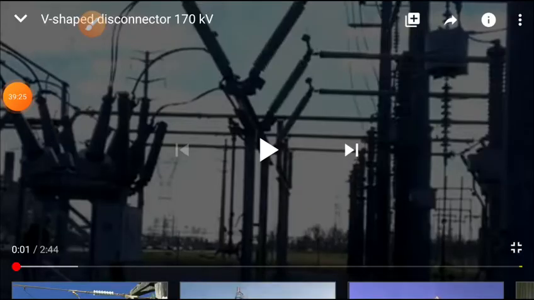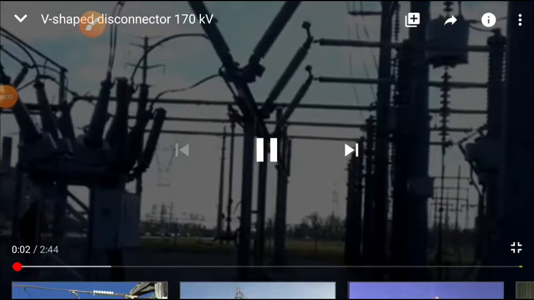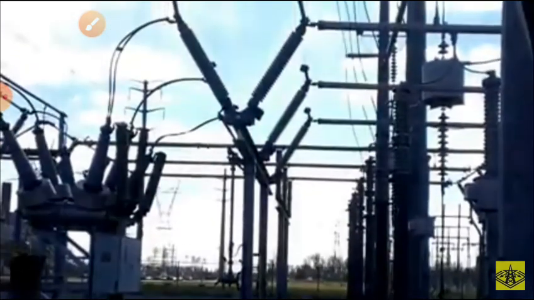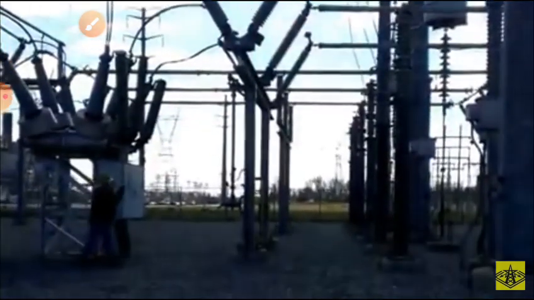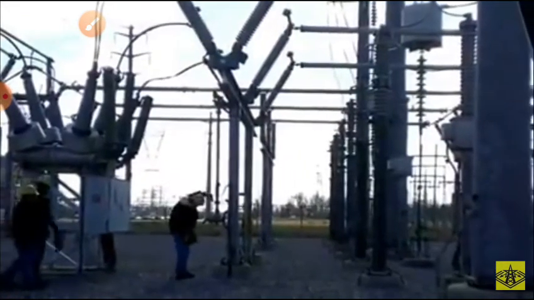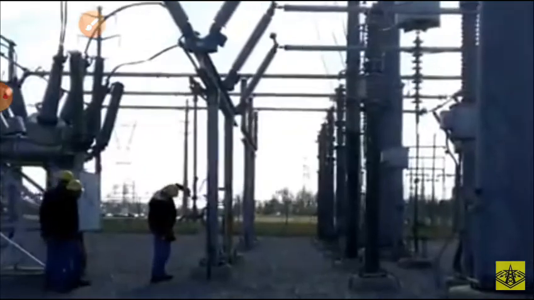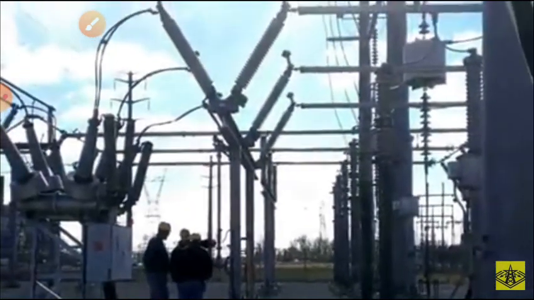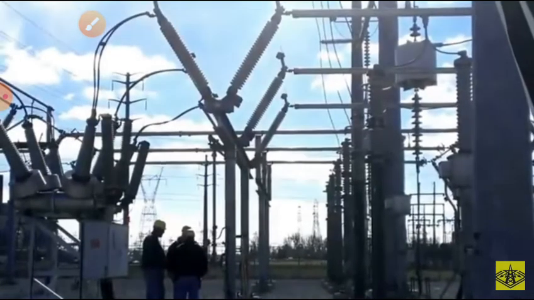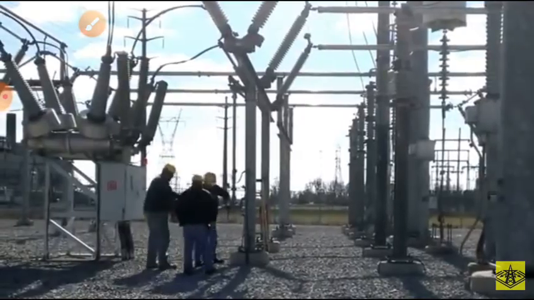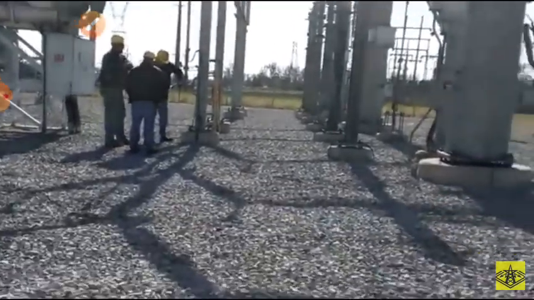You can see here how the V shape isolator is connecting. It is manually operated. It is connecting one bus to another bus.